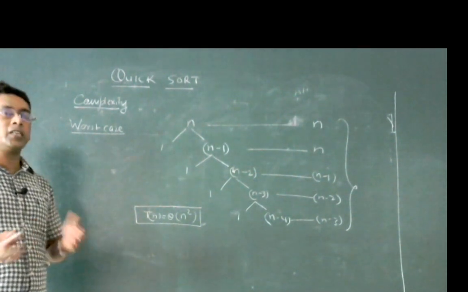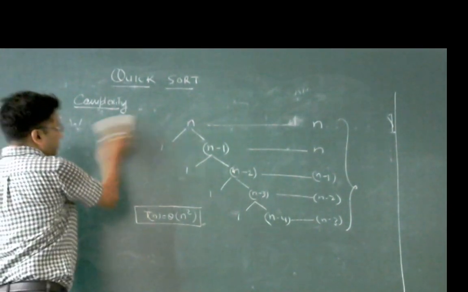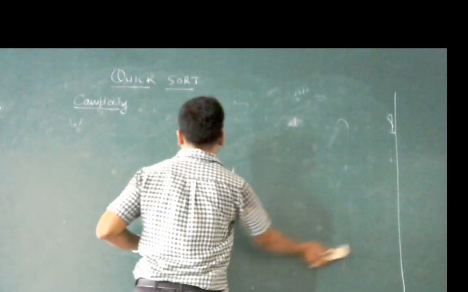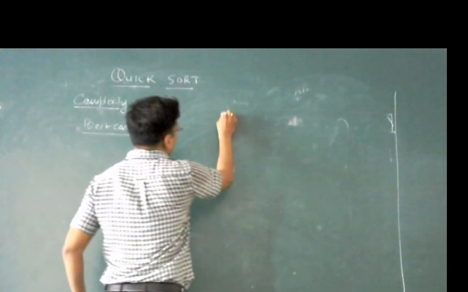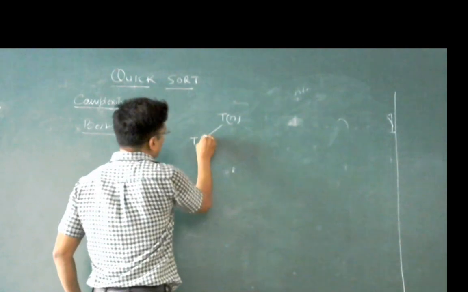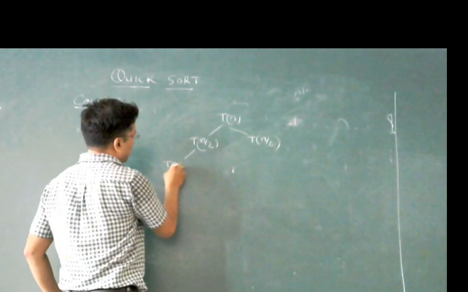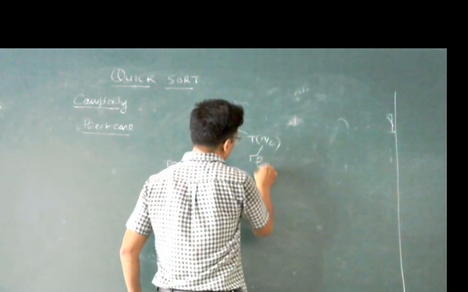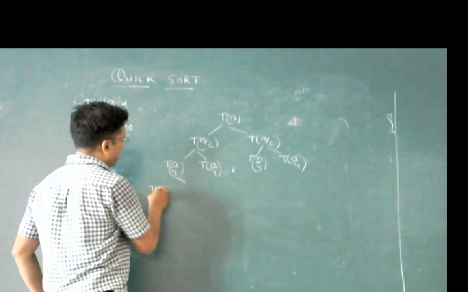But suppose we have partitioned it in a balanced way. In a balanced partition, the tree would be different. Best case: and so on, T n by 8, so on.